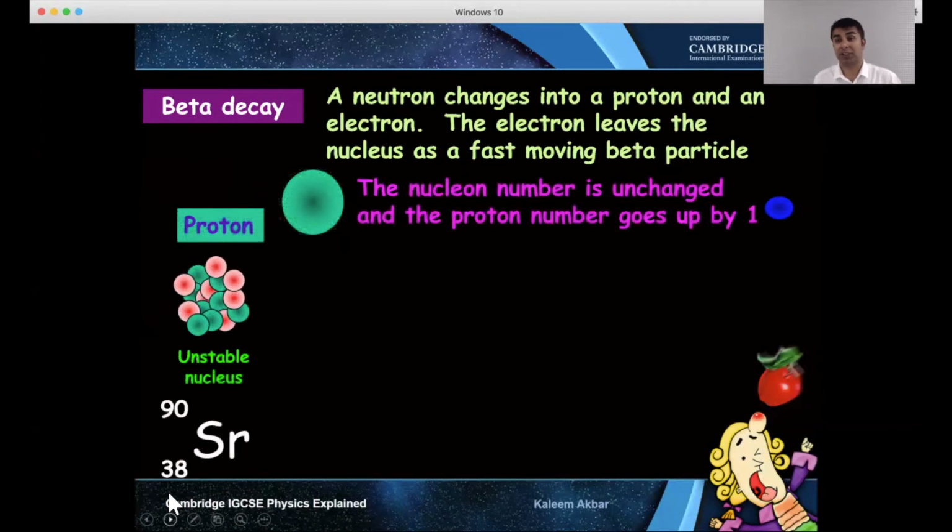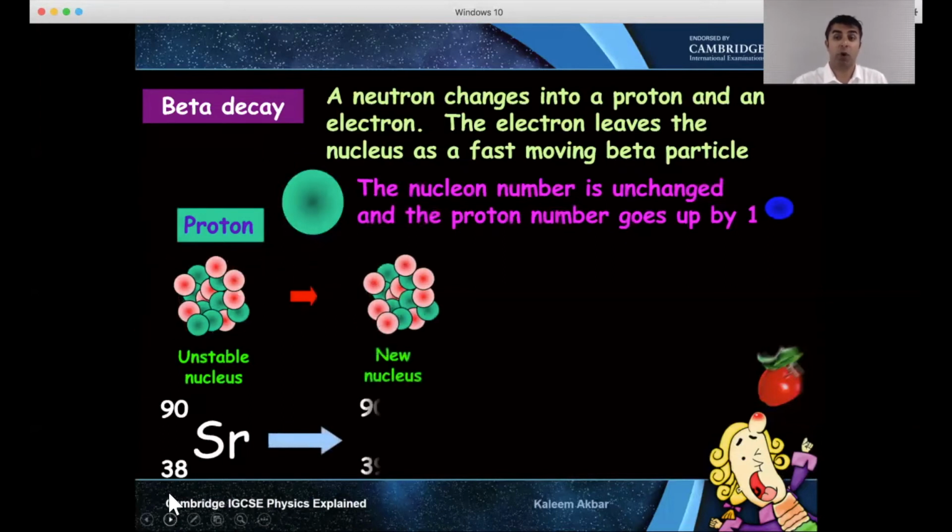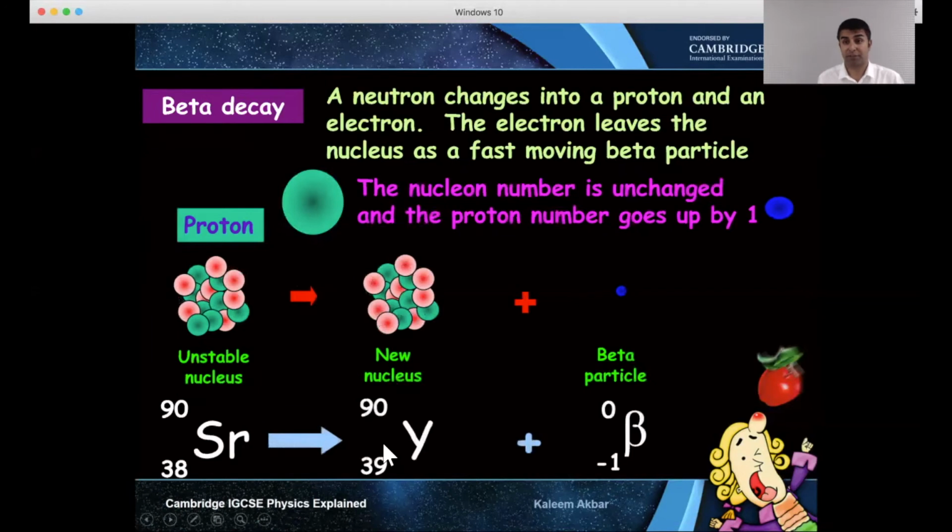So here we've got an unstable nucleus. It's going to decay with beta emission. Again, it will form a new element, but the key is you have to remember what beta looks like. Mass number 0, atomic number -1, and you have to remember the symbol. Now, what will happen is you will be given all of this. You'll be given the symbol here. You won't be given any of this or the numbers on the left.